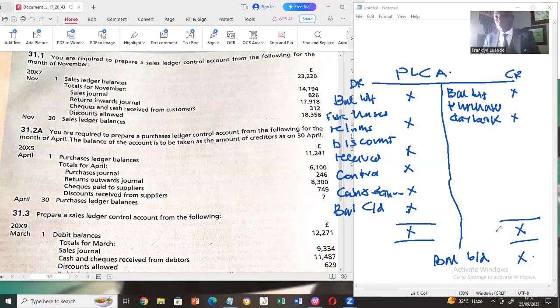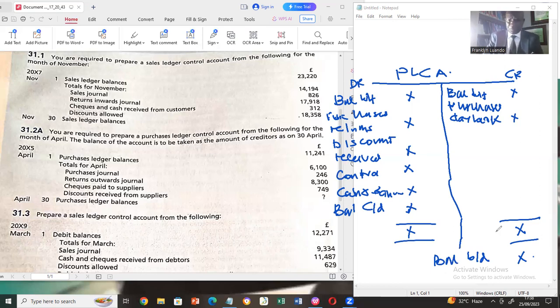In this account, we record credit transactions for all the credit suppliers. In this account, we don't enter the cash purchases.